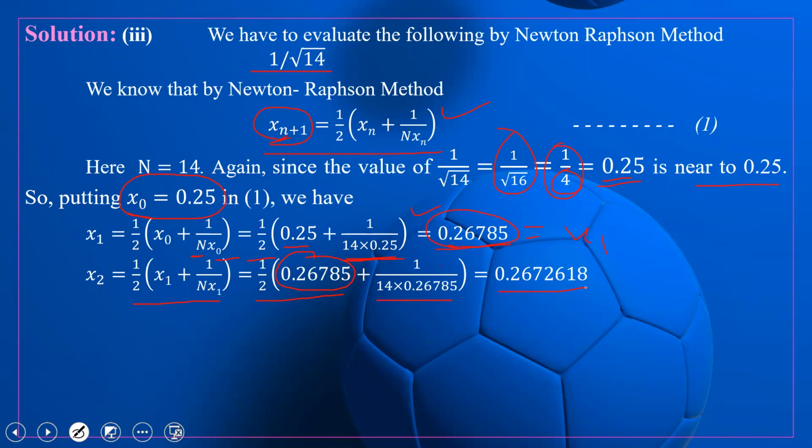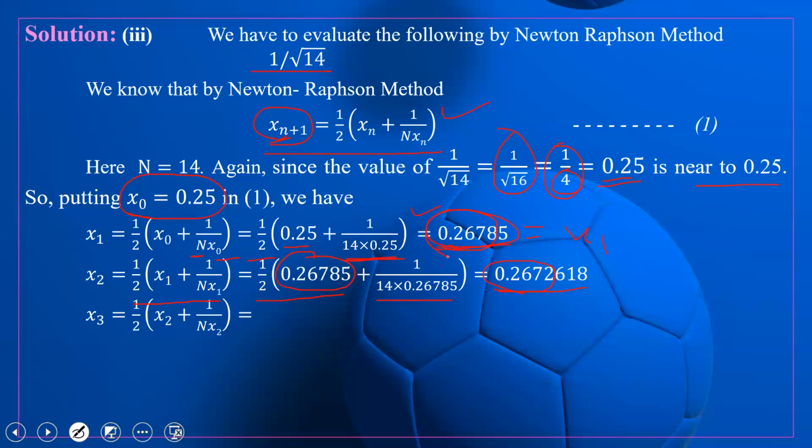Actually, we have to calculate only up to 4 decimal places, so we calculate only up to this place. When we solve this question, we will use our calculator and fix up to 4 or 5 decimal places, as this type of question asks.